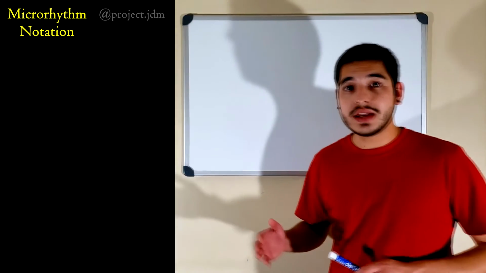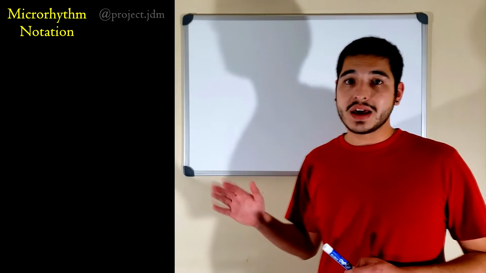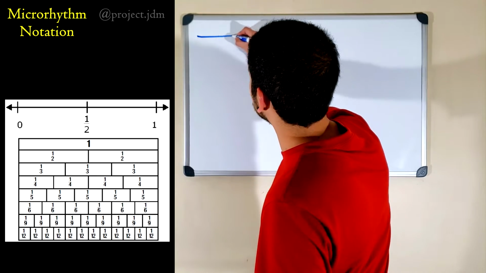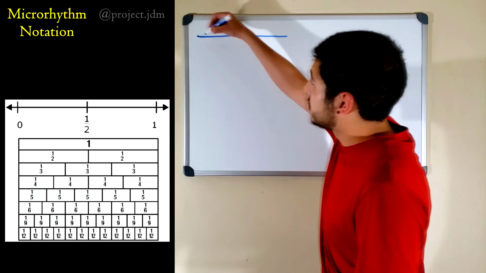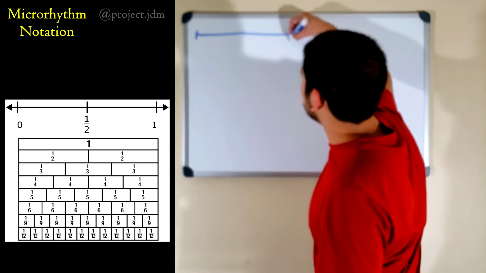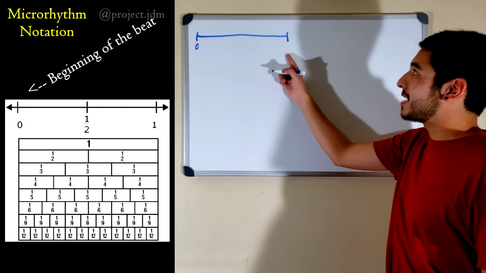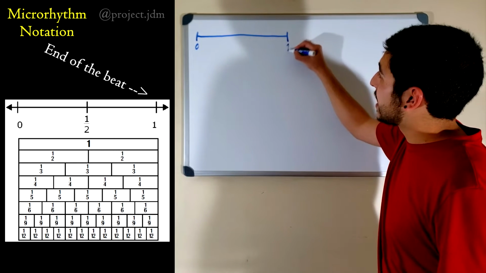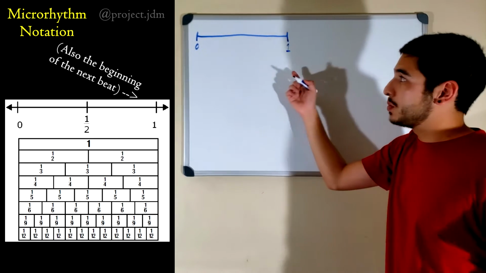In order to notate or visualize these rhythms, we're going to draw a number line. We're going to say we have a number line to represent the space of one quarter note. To represent the beginning of the beat, we're going to draw a 0. And to represent the end of the beat, we're going to draw a 1. This is the end of the first beat or the beginning of the second beat. Same thing.